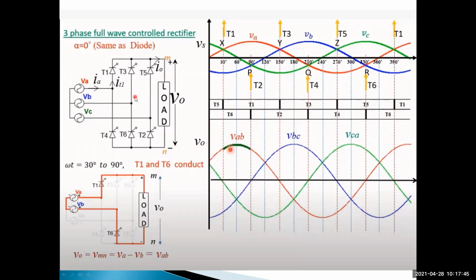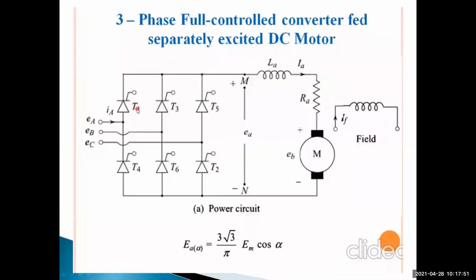For example, we give the triggering pulse to the thyristor above 30 degrees only. Above 30 degrees is possible, below 30 degrees is not possible, because during T1 conduction another thyristor is also under conduction mode.